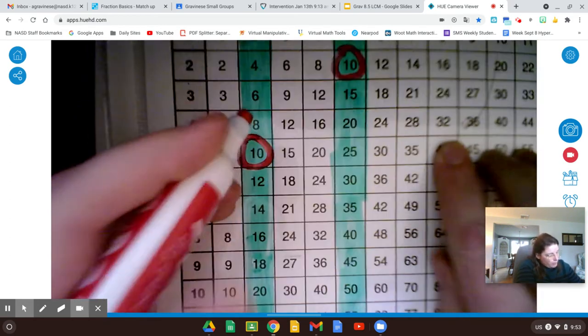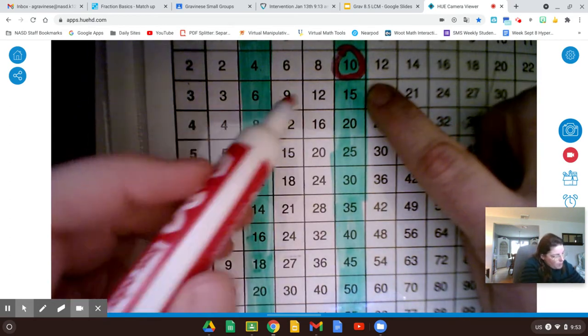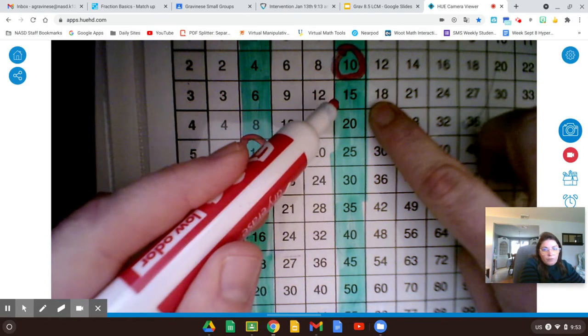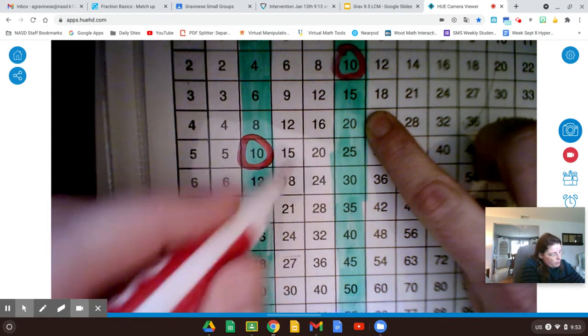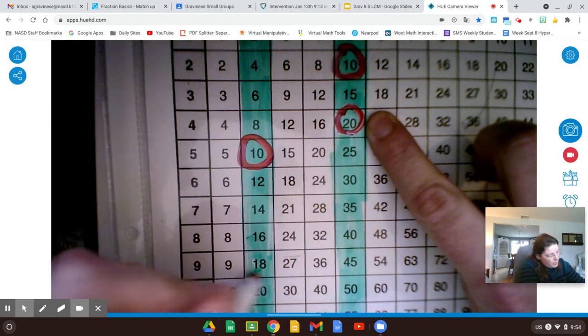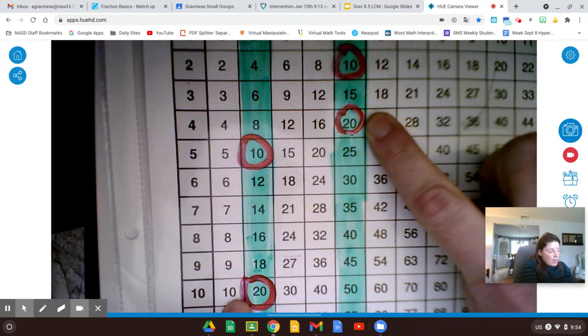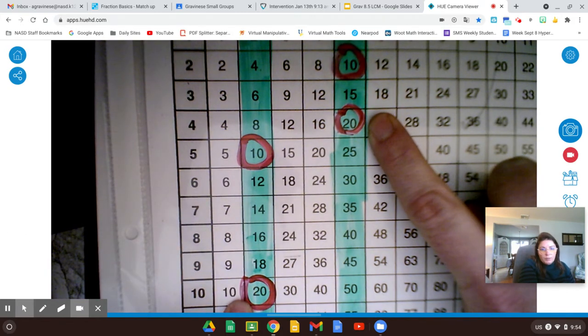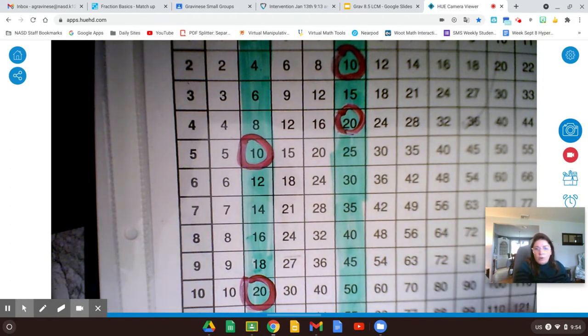Let's see what else I can find in common. 15, 20. Oh, I found 20 is a common multiple. When I count by 2's and 5's, I'll get 20. And that could go on and on.